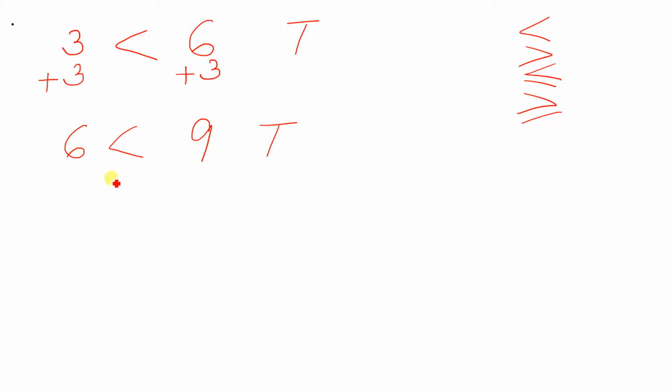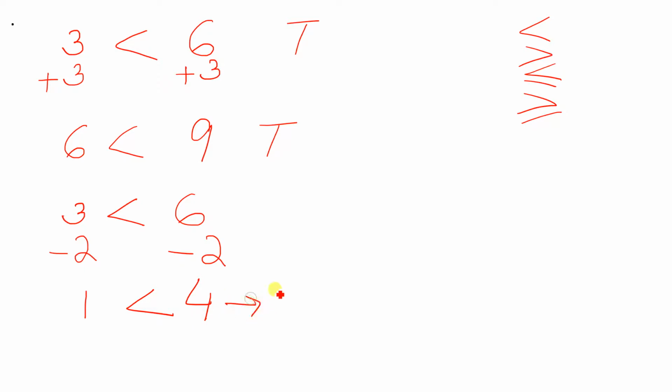Same thing, if I subtract instead of addition, if 3 is lesser than 6, and I subtract 2 from both sides, so 3 minus 2, 1 is lesser than 4, again it is true.